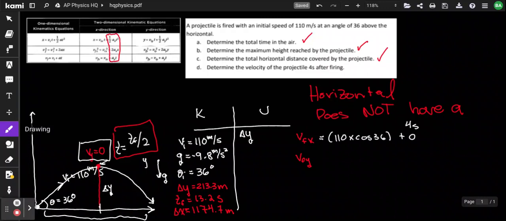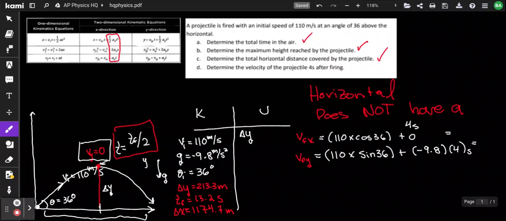And for our y component, we know that we're starting off with 110 times sine of 36, plus our acceleration in the y direction, which is g, negative 9.8, times the time, which is given to us as 4 seconds.